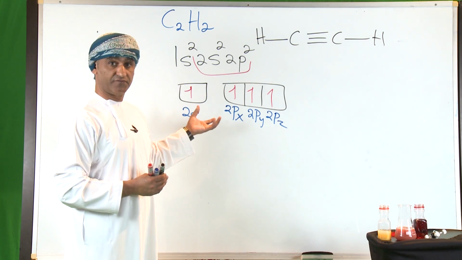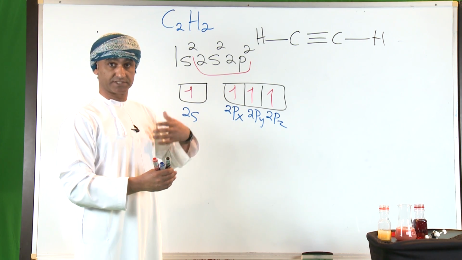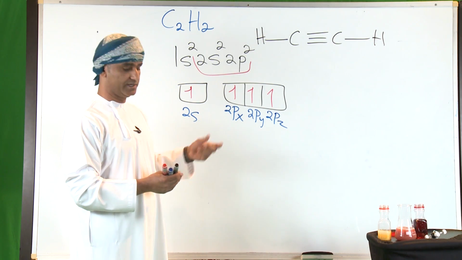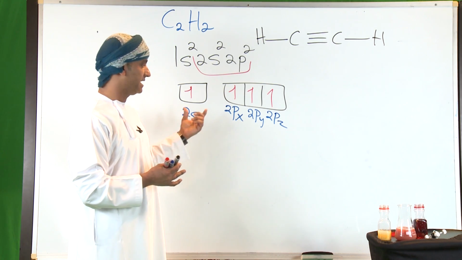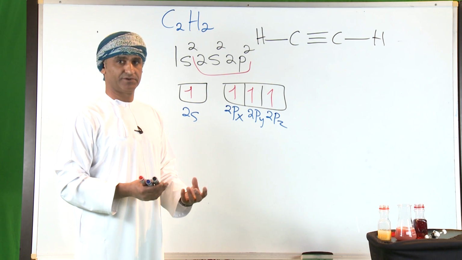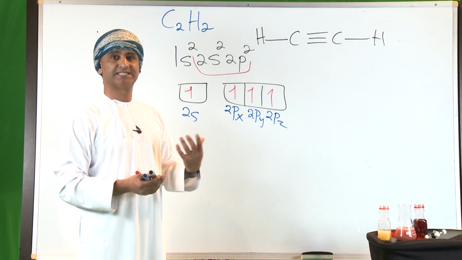So therefore, not all of these orbitals would be mixed in order to understand bonding in this case of acetylene, but rather only 1s and 1p. So 1s and 1p should give brand new orbitals or hybrid orbitals of what is to be expected to be an sp type.